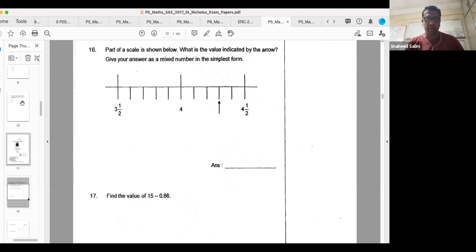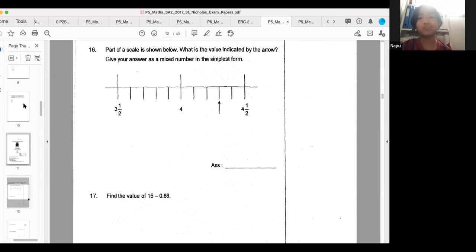Okay, ready? Try the next one first. The next one. Just let me check. Parish, are you here? No, right? Parish not here. Okay, that's the last one.